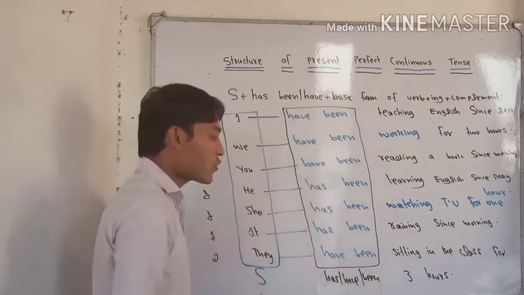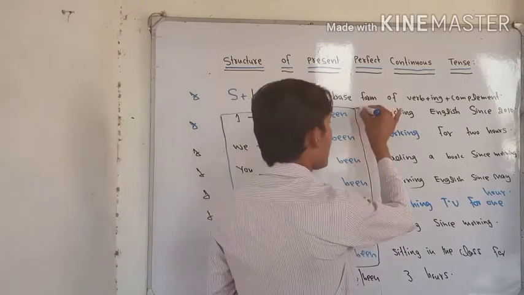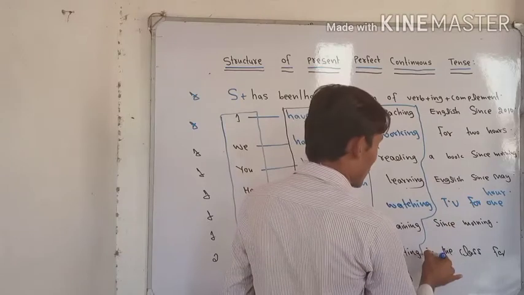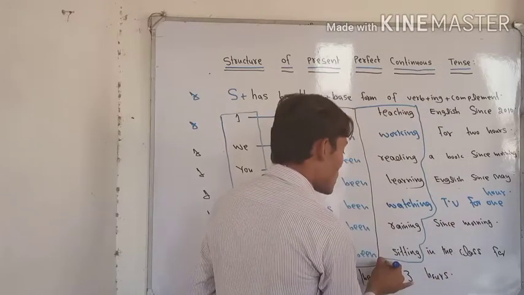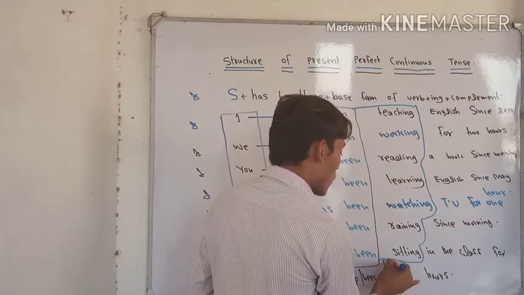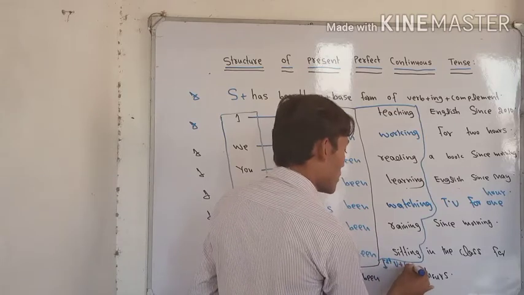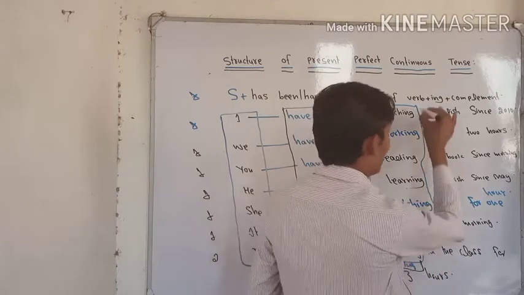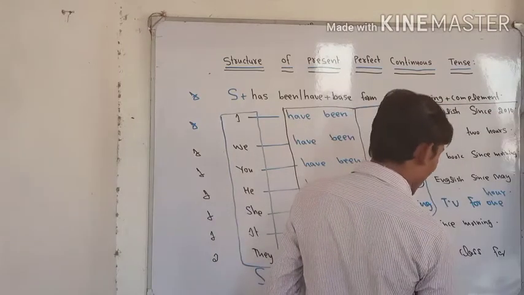Then we have the first form of verb followed by ing. These are called first form of verb plus ing. And the rest of the sentence is called the complement.